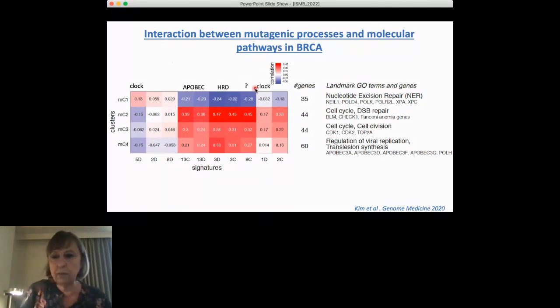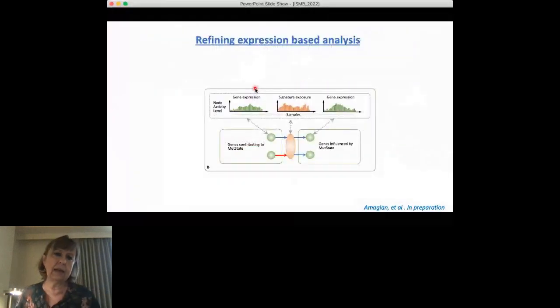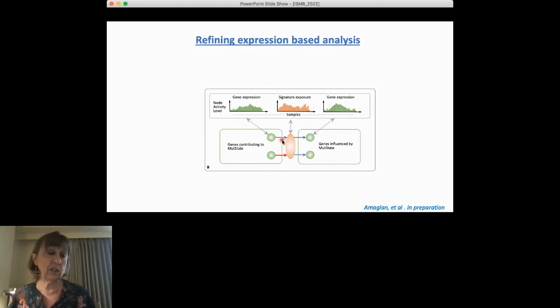So we'd like to have a deeper view into the relationships. We need to leave simple correlation and try to look at a partial correlation, to correct the relationship between any pair of genes and signatures, to see what the relationship is between gene and signature if we correct for all the other confounding effects.